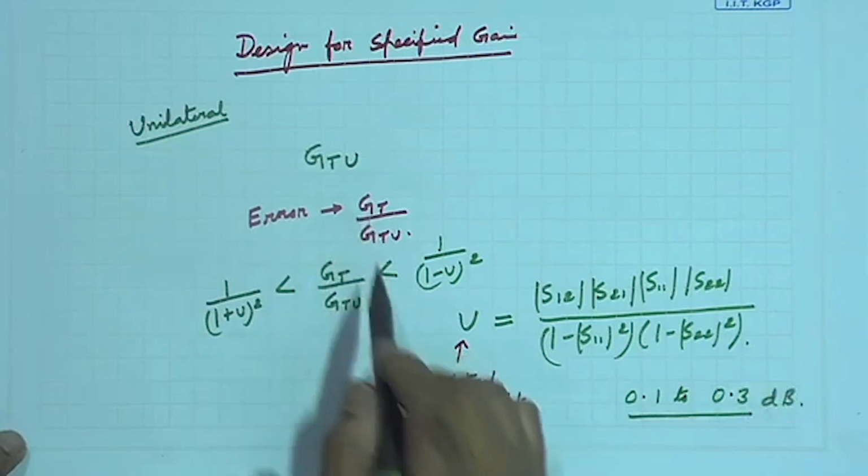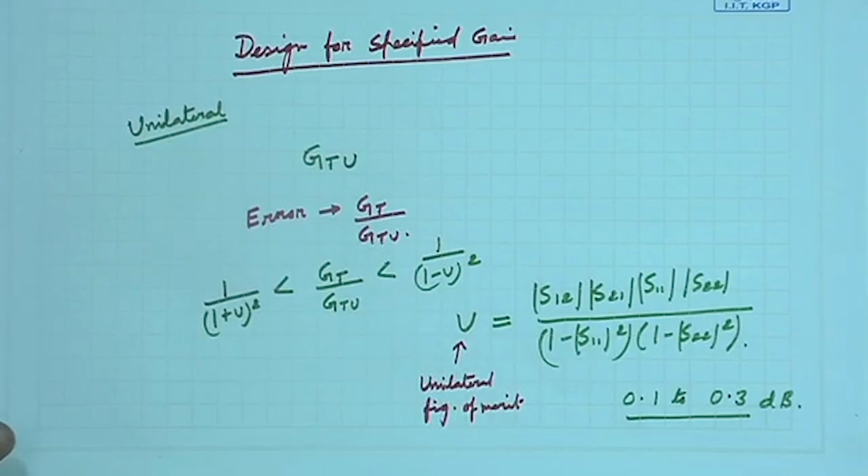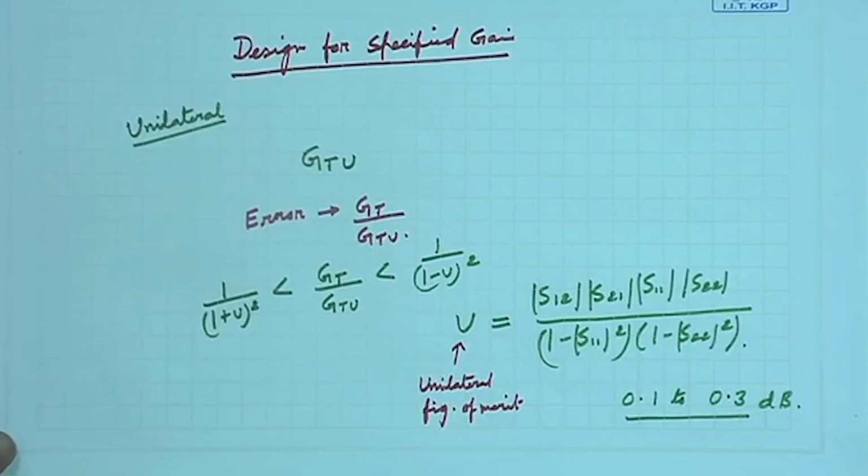So, I am not suffering in this. If I make a unilateral approximation, then the error that I commit in getting the gain is not much. So, that generally can be done, and it simplifies the procedure.